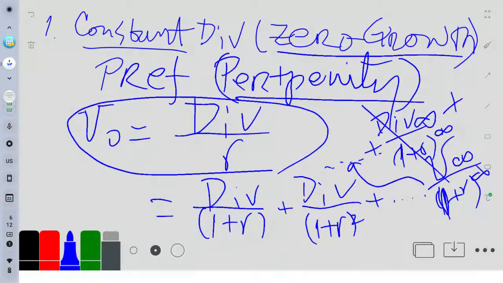They will all drop out because they are close to 0, right? And then how does that reduce to this? That part we don't have time for, but believe you me, this long polynomial eventually collapses to that. That's the constant dividend model or zero growth model.